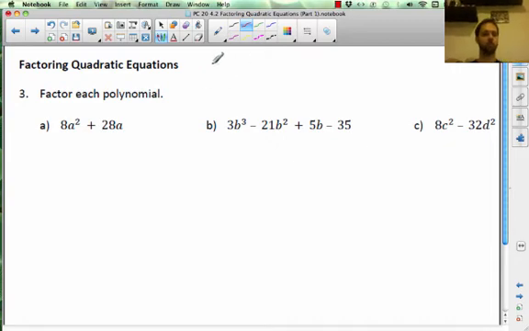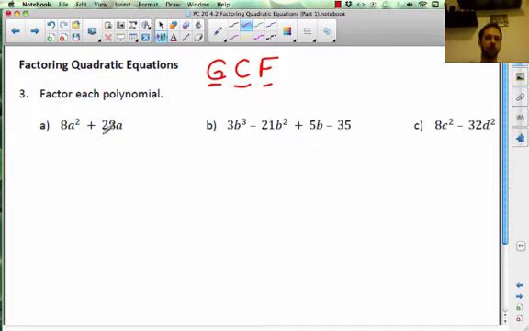Now factoring is working backwards from what we were just doing. So basically what we want to do first is always check for a greatest common factor. So anything that's common to both of these, we want to take out as much of it as we possibly can. 8 is not common because 28 does not divide evenly by 8, but it will divide evenly by 4.